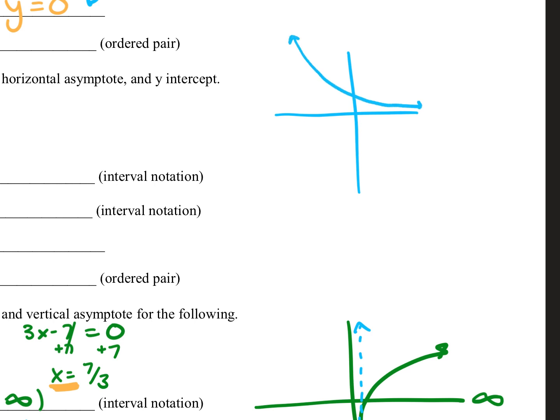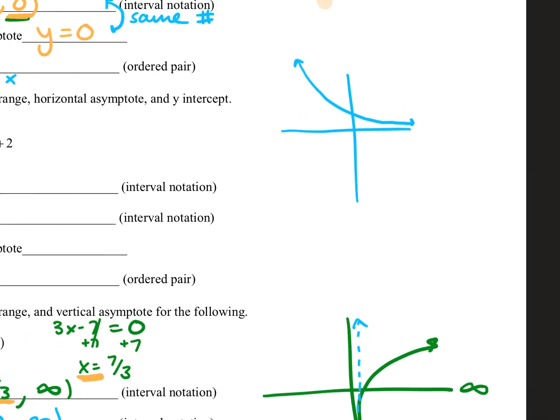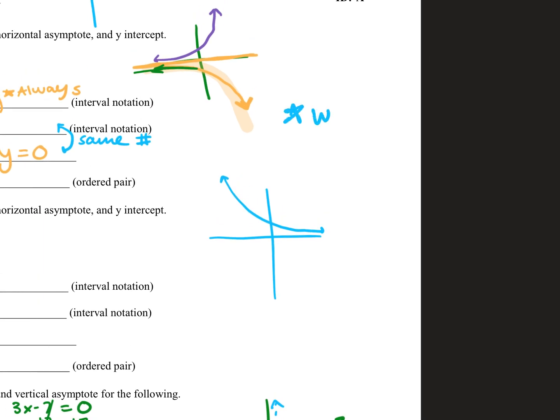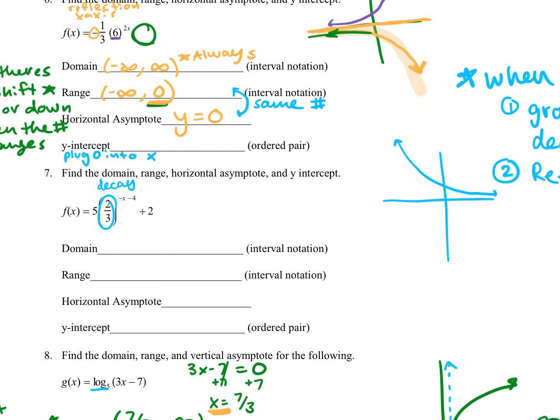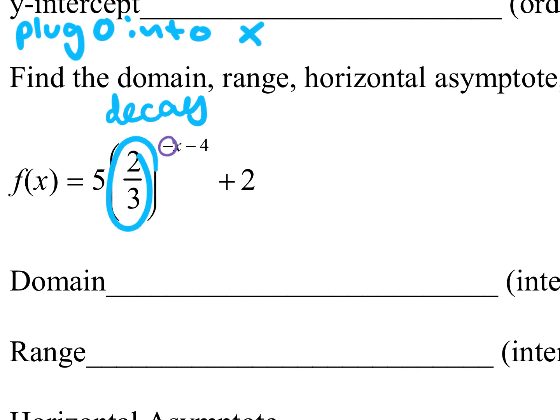Now, first thing we do is check if it's growth or decay. Second thing you want to do is check and see if you have any reflections. So looking at our equation, we have a negative being multiplied directly to the x.